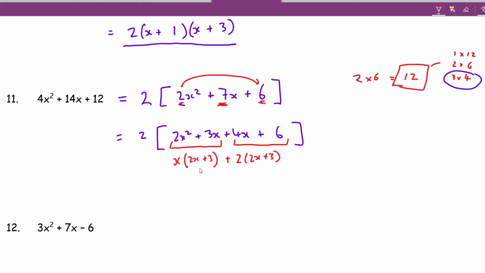These are the common factors I end up with. Okay, so still put that in square brackets with the 2 out. So I'm going to put the 2, and now I'm going to take this common factor out, which is 2x plus 3.